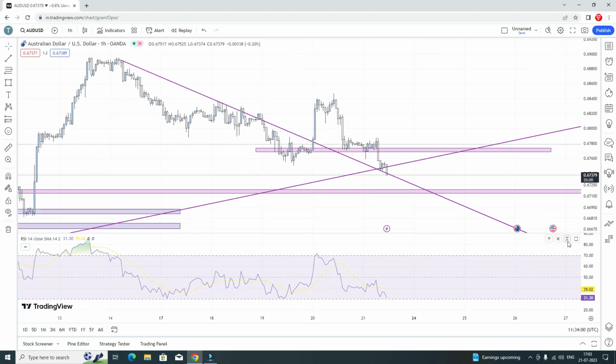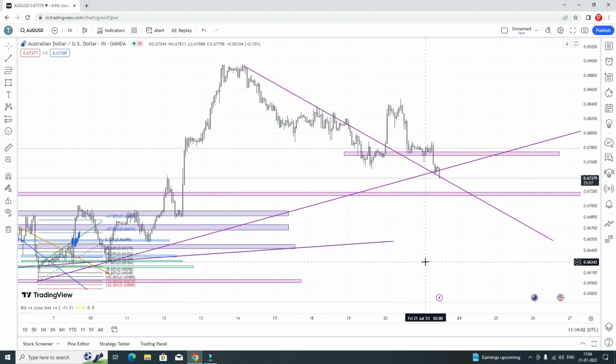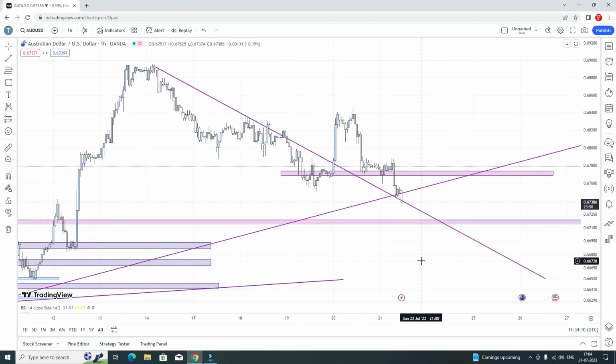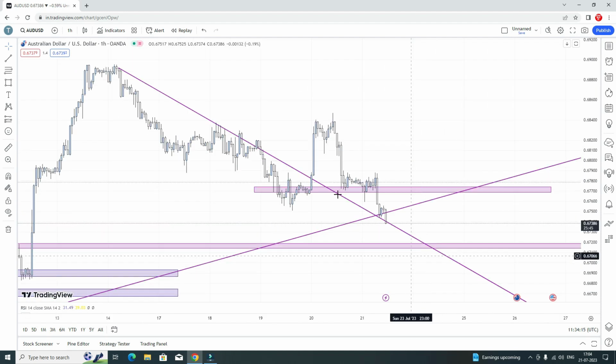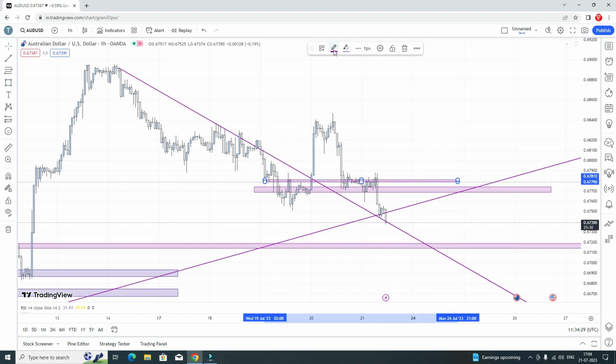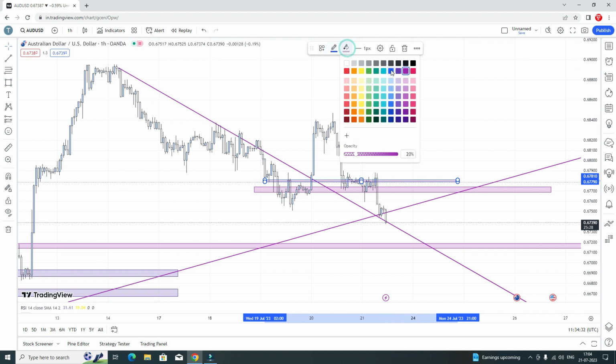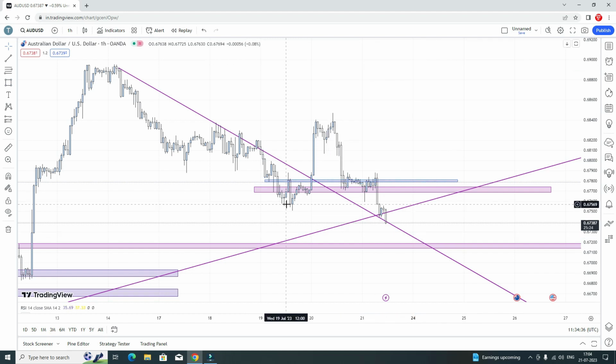I'm minimizing the RSI for a while to get a bigger, clearer picture. There's clearly a level over here that we need to mark in 1 hour. 1 hour is blue. Then there is a level over here.